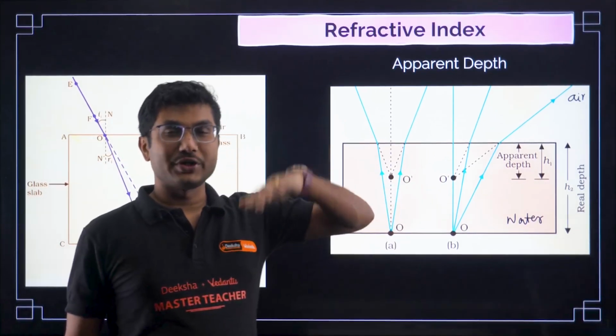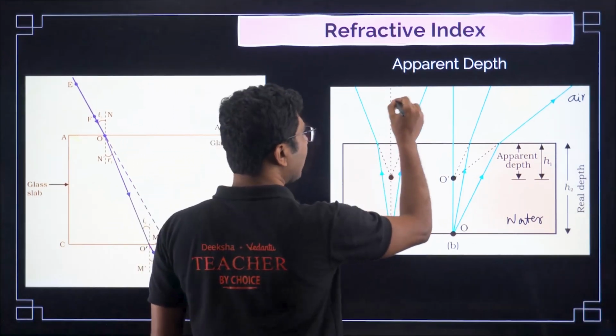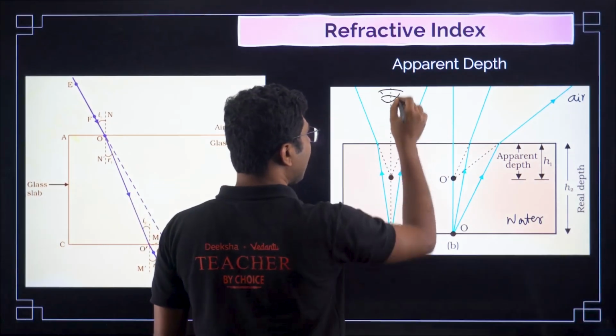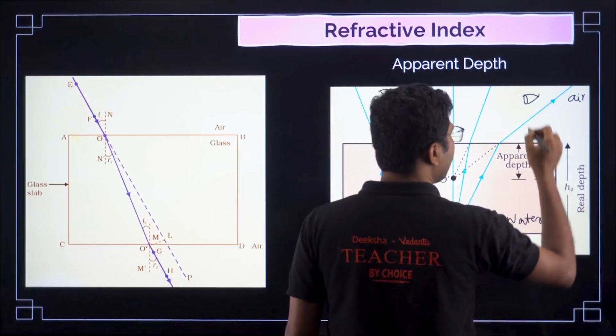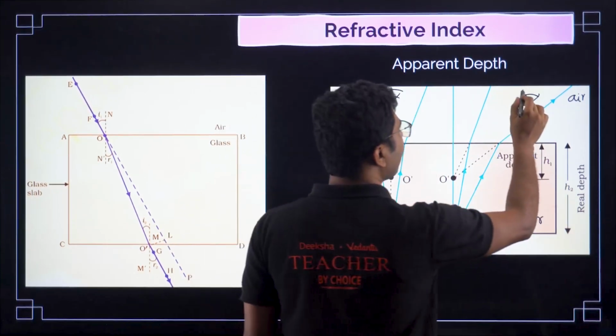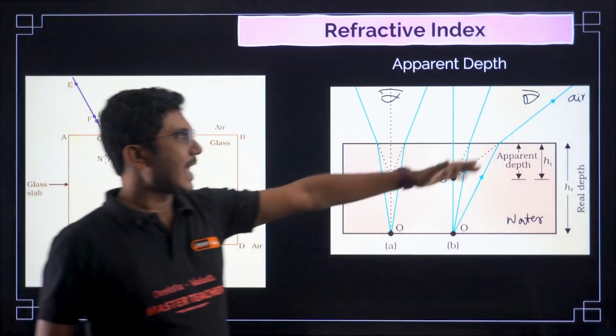You are trying to measure its depth by looking into it. You can either look at a right angle, or you can look at some angle. This is a normal view, this is an angular view.